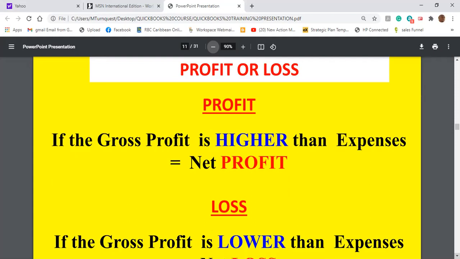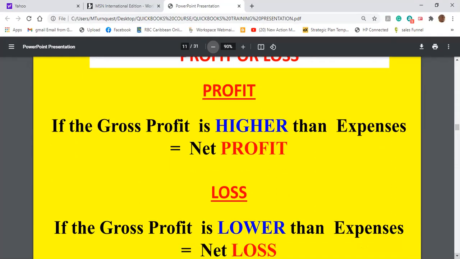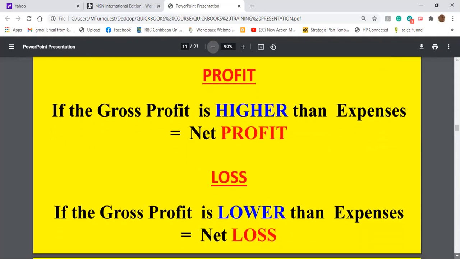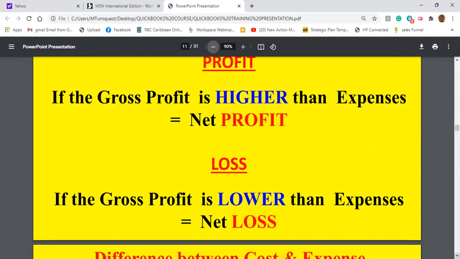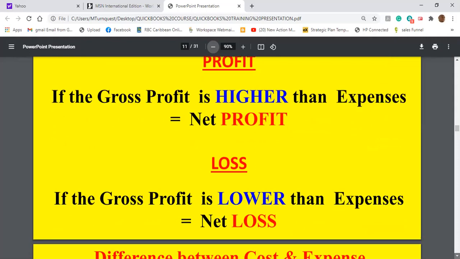That's very important. And if you have a loss, if your gross profit is lower than the expenses, nobody wants a net loss.